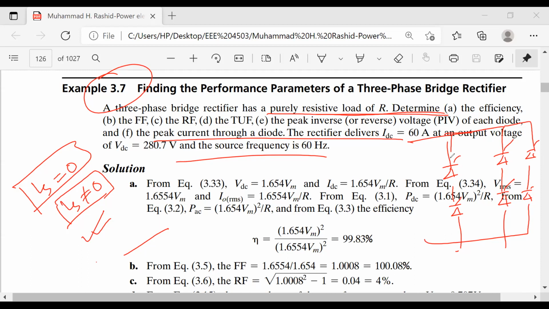Diode rectifier, yes, sir. Diode rectifier with LS, without LS, then control rectifier with LS, without LS, then three-phase rectifier without LS and three-phase control rectifier without LS. We have completed up to three-phase diode rectifier without LS. And in the next class, we shall discuss and review the whole thing, inshallah, with the control rectifier.